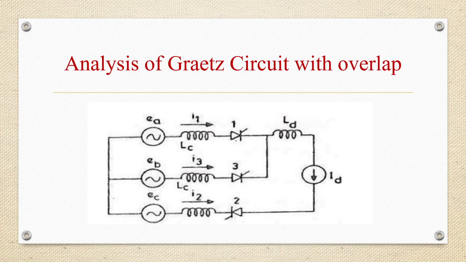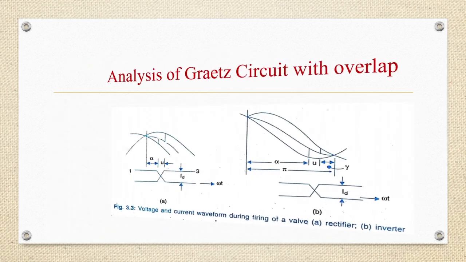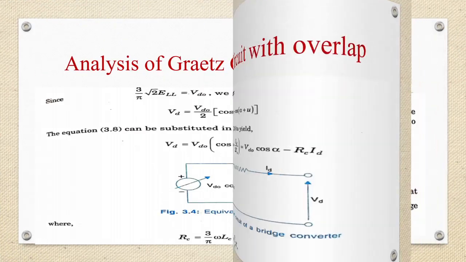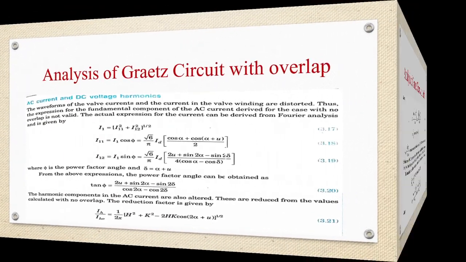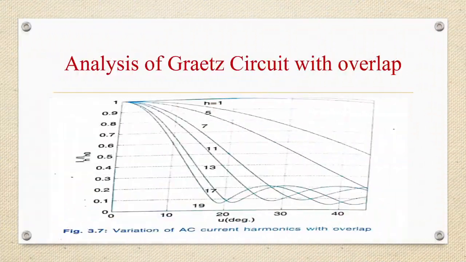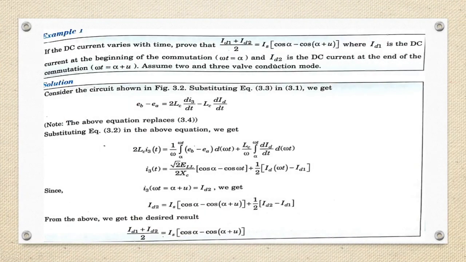So after substituting I1 as ID minus I3, we can get the equation as EB minus EA is equal to 2LC di3 by dt minus LC did by dt.